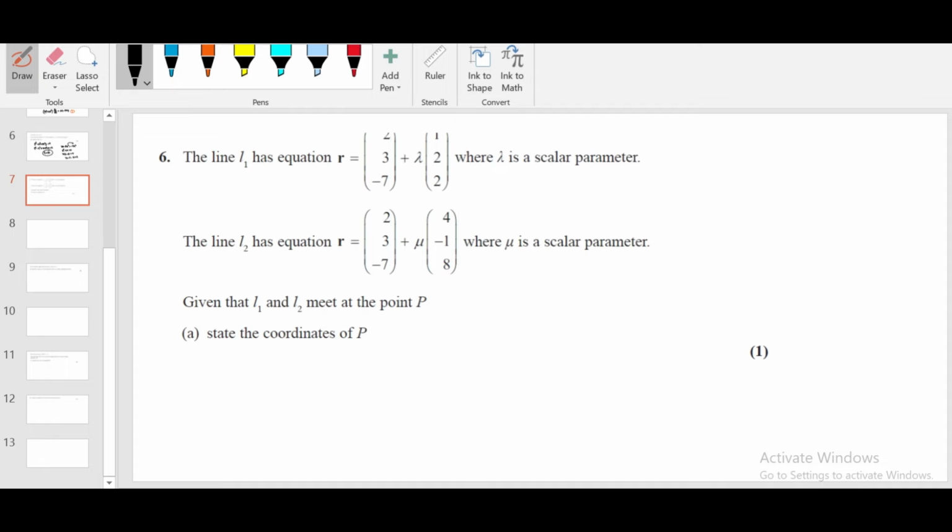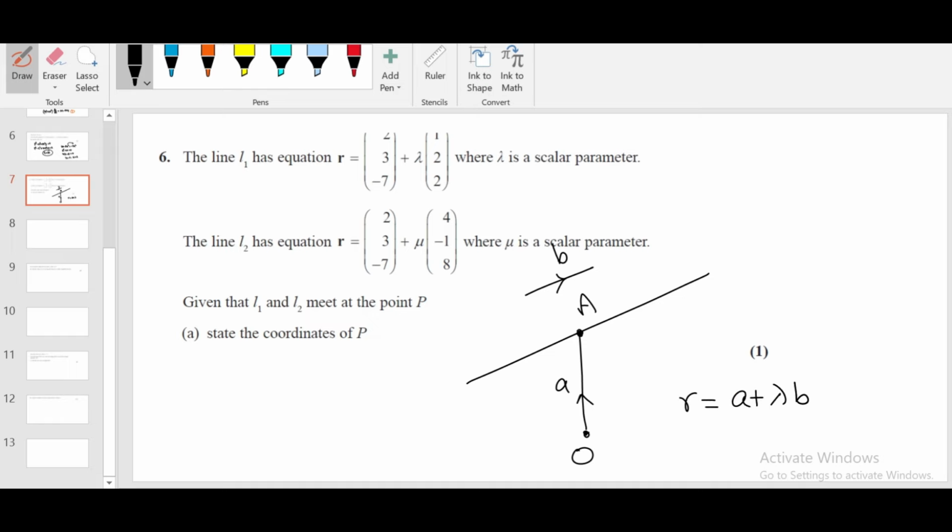If you observe the equation of the straight line closely, usually if a straight line passes through a point A with position vector A, let's say, and the line is parallel to another vector B, you can write the vector equation of the straight line as A plus lambda B. So the first vector is the point that lies on the straight line.